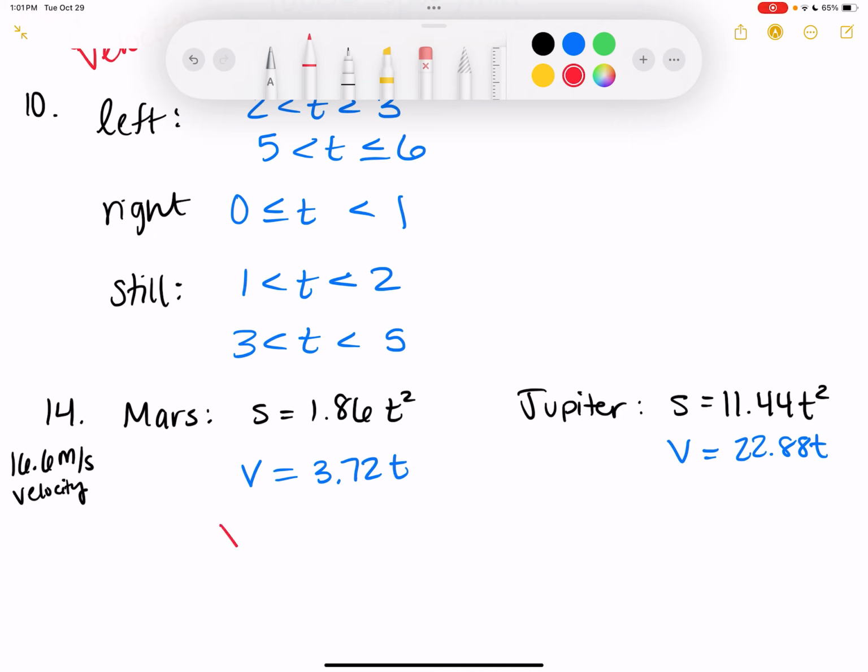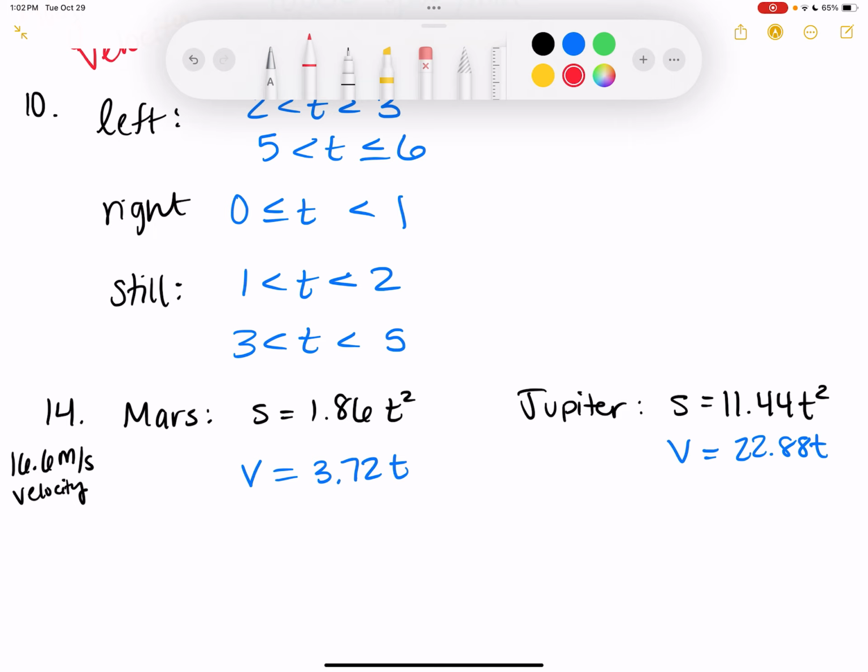So velocity is equal to what? Velocity is meters per second, right?